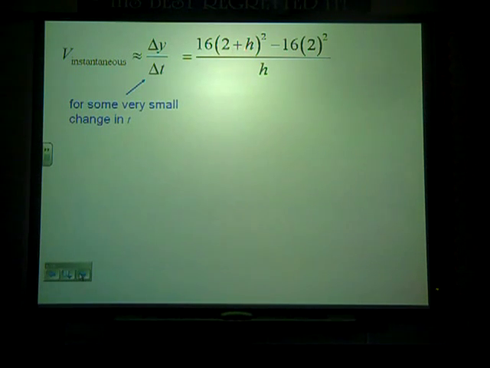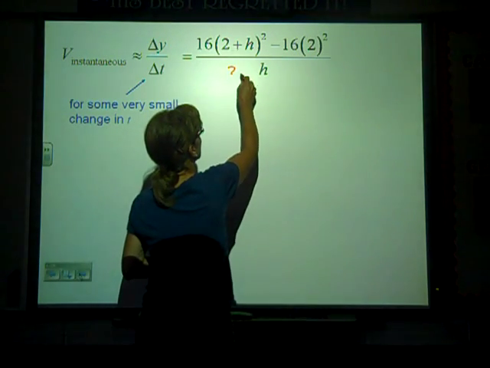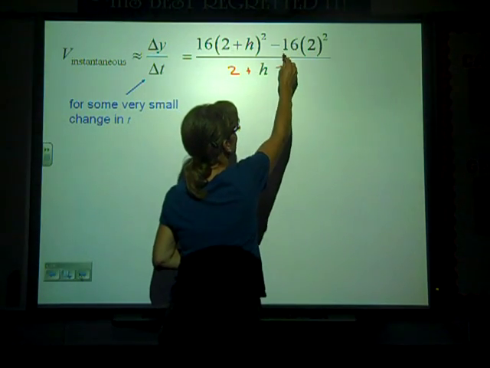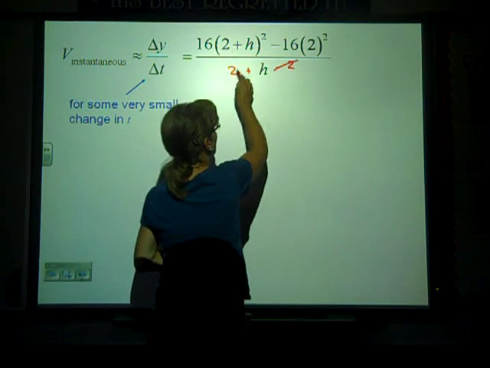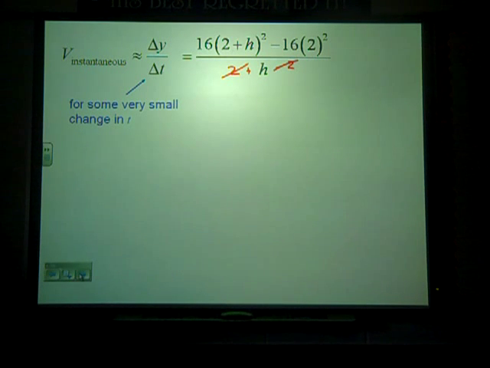Here's our time, 2 plus just a little bit more, minus 16t squared. Here's our time at 2 seconds exactly. And it would be over 2 plus h minus 2. So think of that as this 2 plus h minus 2. So that's why we only see the h when we look at this equation, okay?